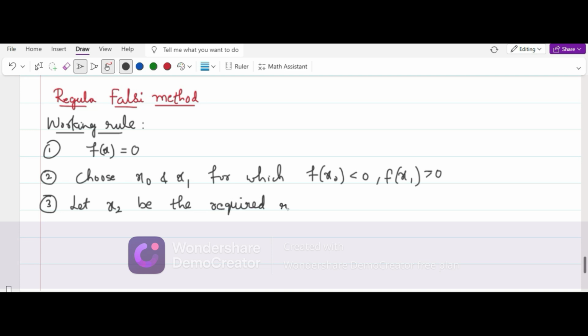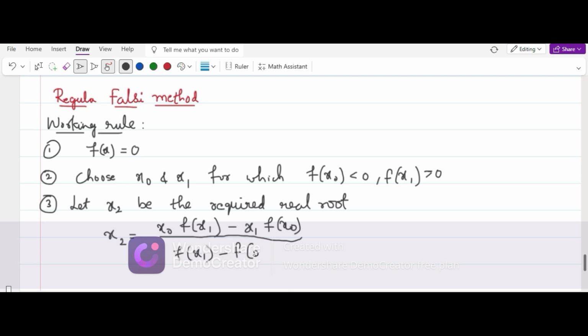So what is x2? x2 equals x naught into f of x1 minus x1 into f of x naught, whole divided by f of x1 minus f of x naught. You should remember this formula.